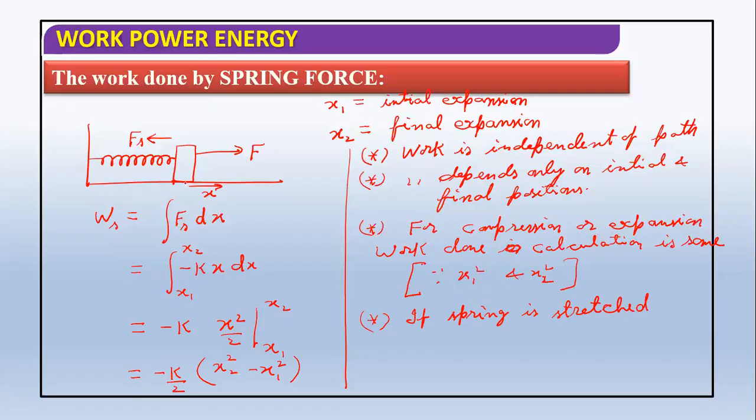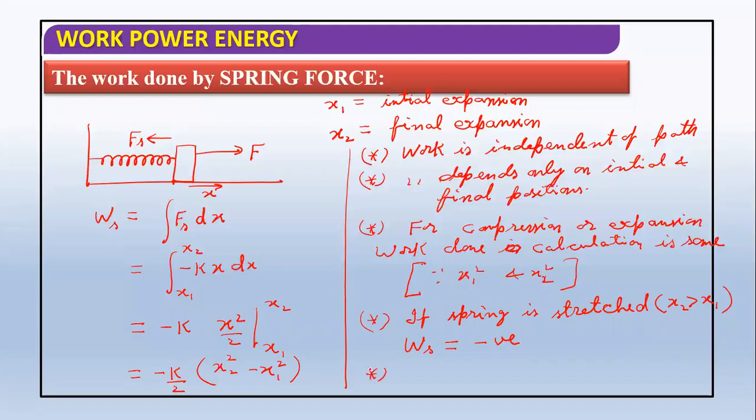The x1 is initially the small expansion and then x2 will be the larger expansion. So x2 will have larger magnitude than x1. In this case, since it is larger, the work done by spring force will be negative.